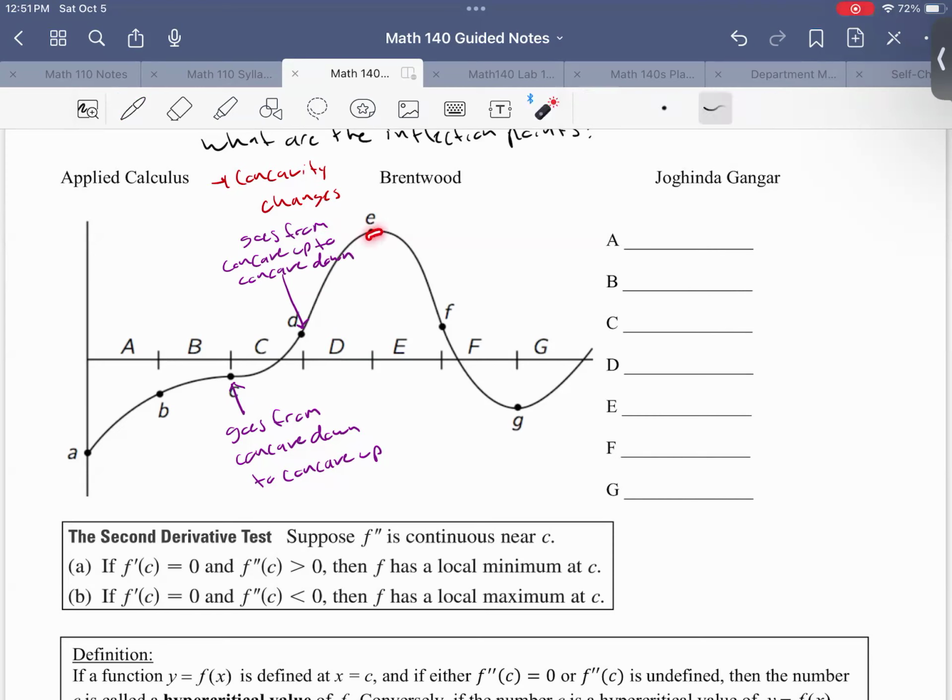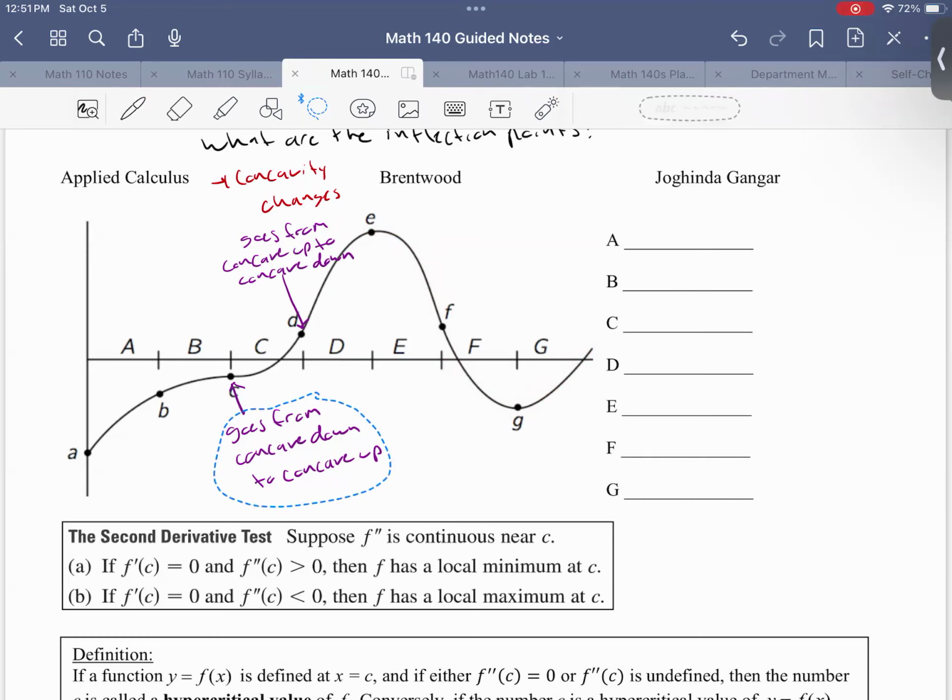All right, let's keep going, following along, and then we're still down, and then boom, right here at F, we switch to concave up. We're making that switch right there. So same thing, it goes from concave down to concave up.